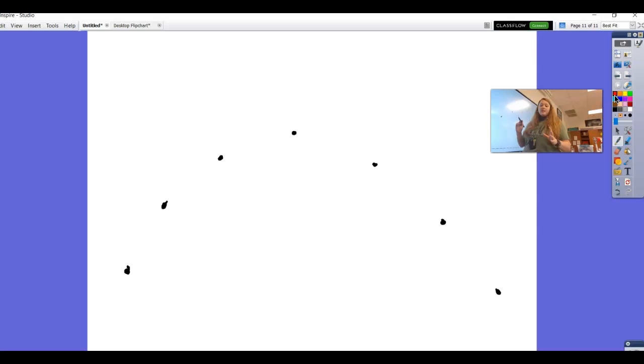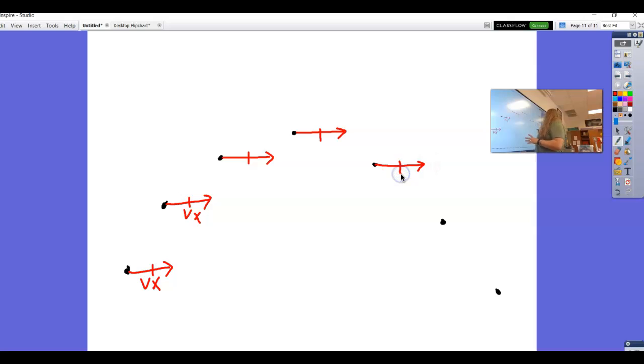Okay? So when something is thrown, we're going to have a constant horizontal velocity, which we call Vx. It doesn't change. And again, it doesn't change because there's no horizontal force. So I'm drawing all of these arrows the same size. So this red arrow represents Vx.